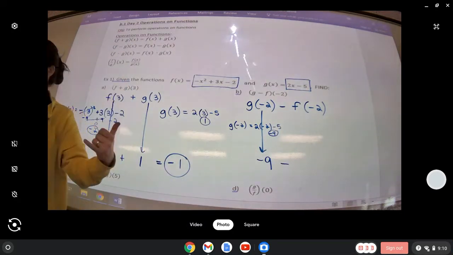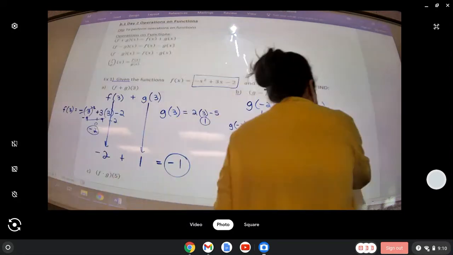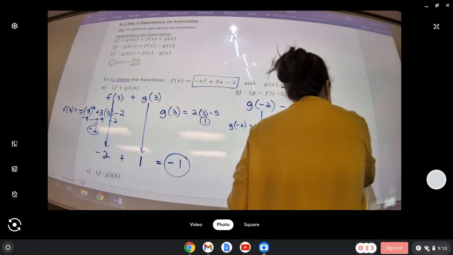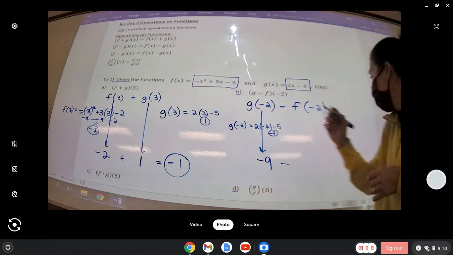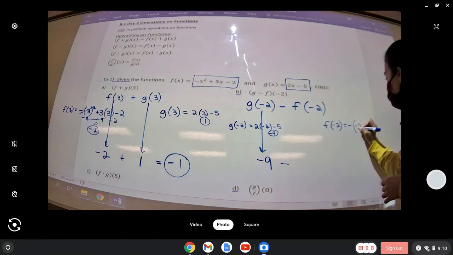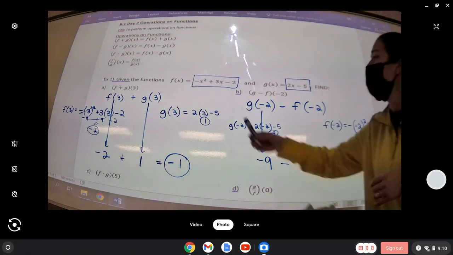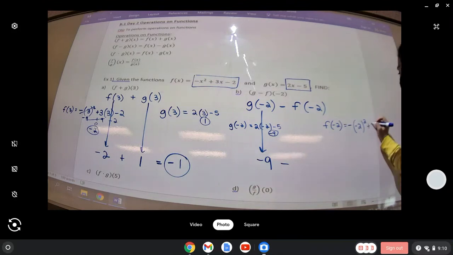Now I got to plug negative 2 into function f and see what number it spits out. All right, so if I plug negative 2 into f, the negative sign stays on the outside. I'm going to square negative 2. Then I'm going to plus 3 times negative 2, and then I'll minus 2. All right, negative 2, again, if I'm you, I'm plugging this into my calculator.